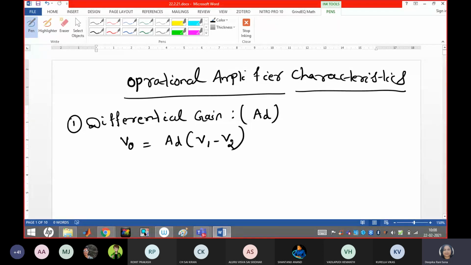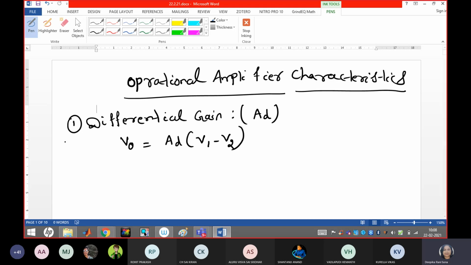From the equation, you can imagine what the definition of AD should be. Here AD is the constant of proportionality, and AD is the gain with which the differential amplifier amplifies the difference between two input signals. That's why it is called the differential gain of the differential amplifier.